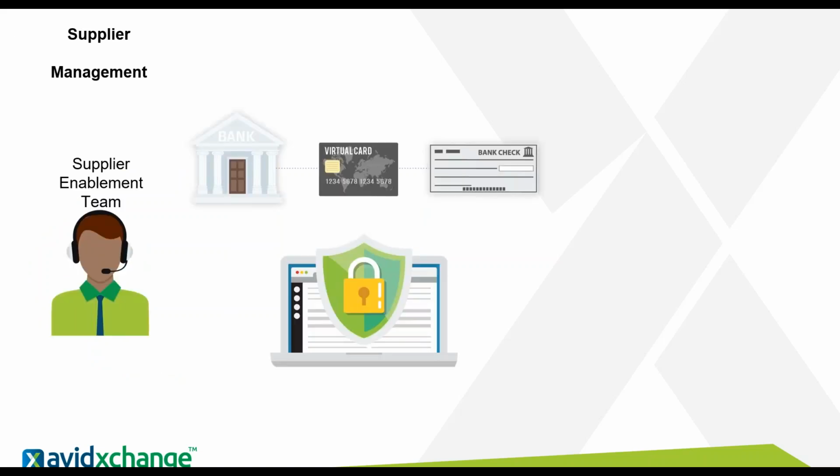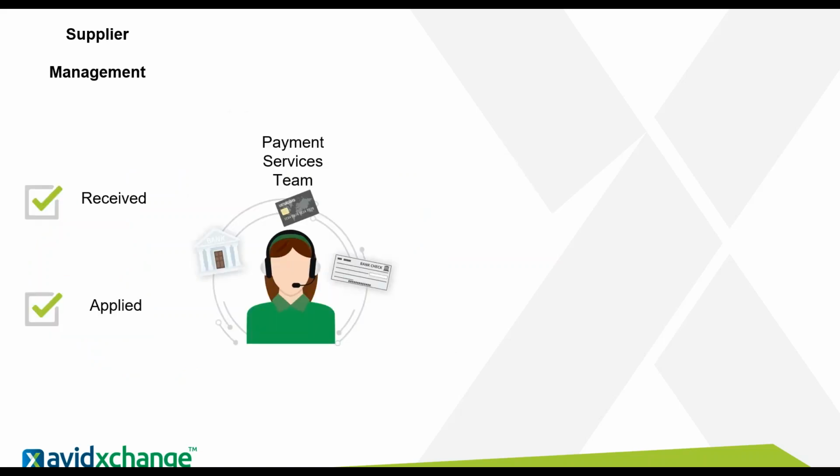Then they're going to make sure that the payments are received. They'll check and validate that the payments have gone to the bank, came back, and have been reconciled. And then there's a follow-up just to make sure your vendors are happy with the pay method and with being with Avid Exchange.